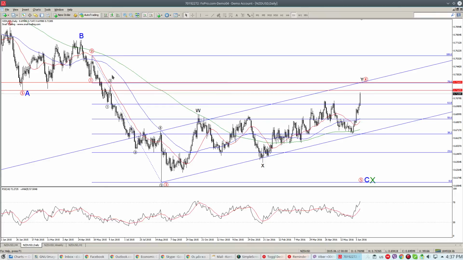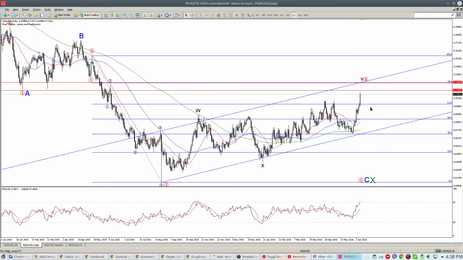And we also must keep in mind that this candle here that we believe ended wave 1 has a low of 0.7317, which is still more than 50 pips higher than the 78.6% retracement of wave 3.